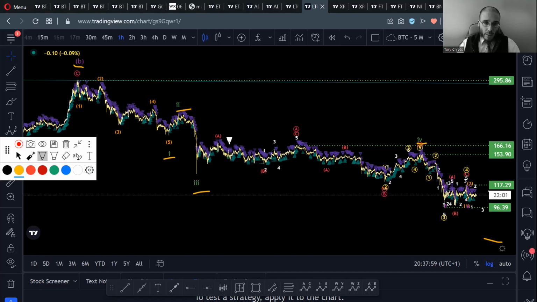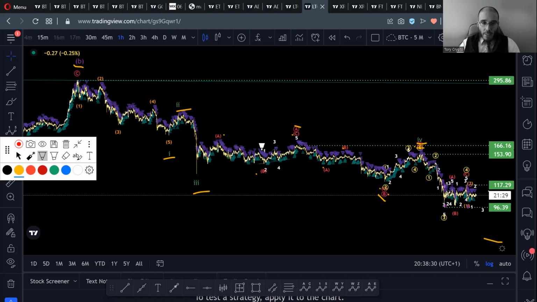And it had an A, B, C for its wave A, then an A, B, C for its wave C, and finally 5 waves for its wave C up here. Since down here we have wave B, up here we have wave C. You can see it, but when I zoom in, you will.